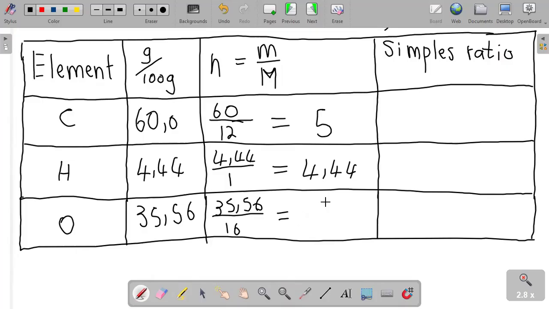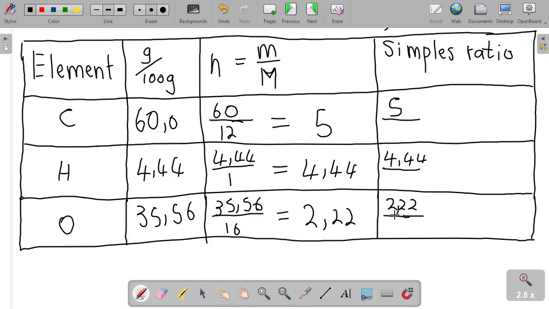I get 2.22. And then all the numbers here, they go on top: 4.44, 5, and 2.22.